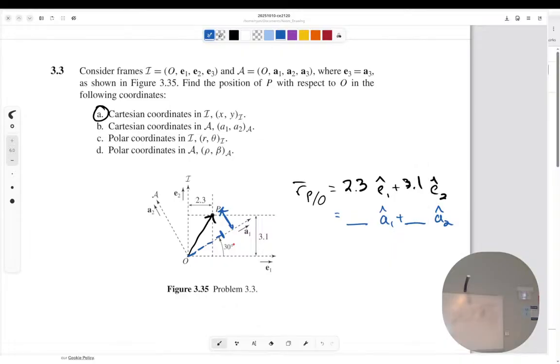Yeah, cosine and sine of both of the other vectors, to get to point P. That 2.3 is definitely going to have some cosine along that 30 degrees for sure.